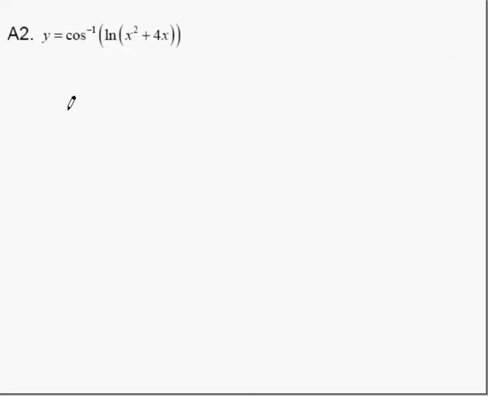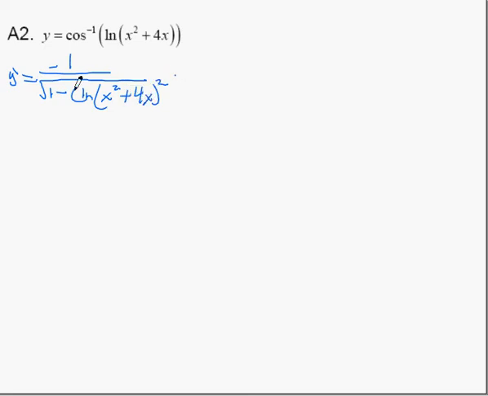The next question is to find the derivative of this function. This is another chain rule, so we're going to work from the outside in. The derivative of cosine first: negative 1 over the square root of 1 minus everything that's here squared, so that's ln of x squared plus 4x.